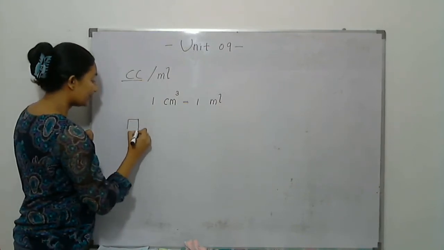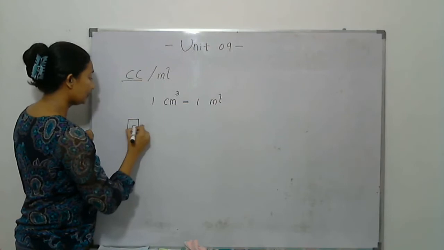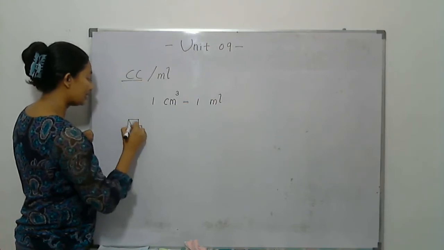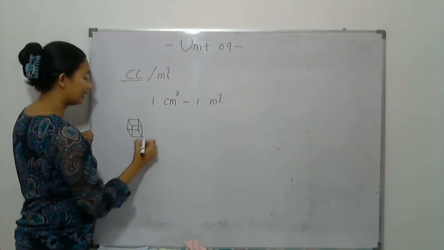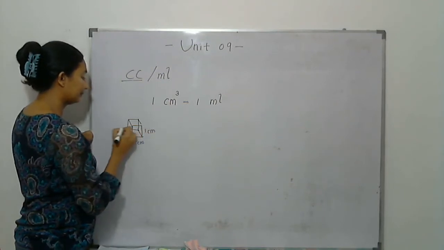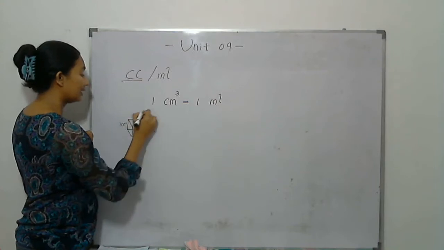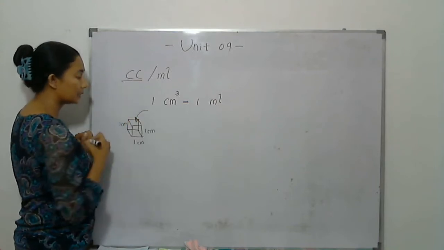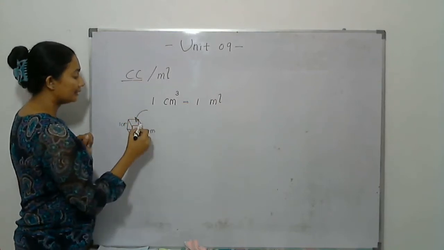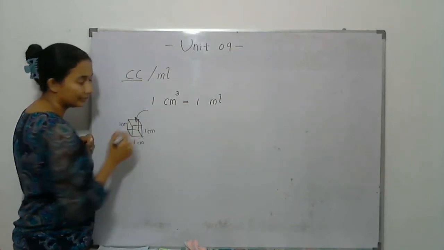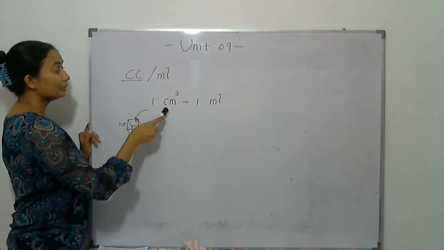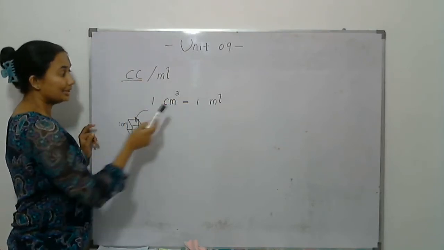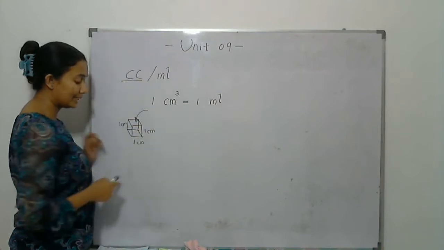When we consider a cube with the measurements 1 centimeter by 1 centimeter by 1 centimeter, that means length, breadth and height are 1 centimeter. When we fill up this cube with water or some liquid, the amount is exactly equal to 1 milliliter. So we can say that 1 cubic centimeter is equal to 1 milliliter.